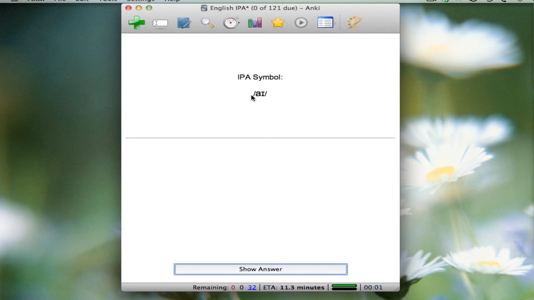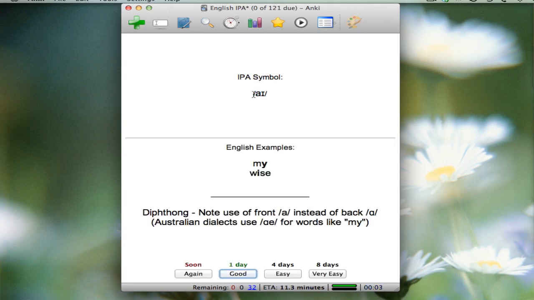Here are first diphthongs. Here you have two sounds. My. You'll notice that the ah is actually a frontal vowel. Instead of the back ah that you'll hear in father, the diphthong is much more frontal, my.